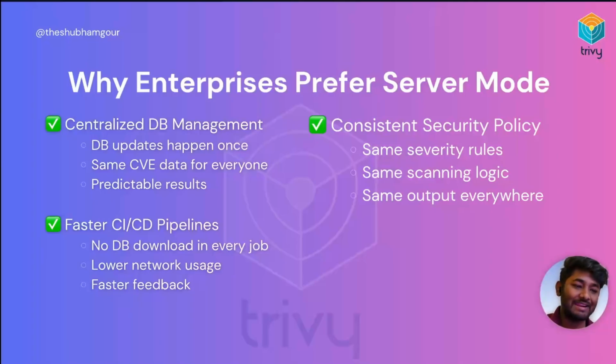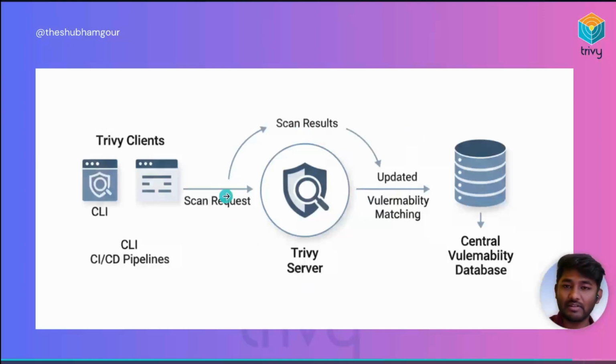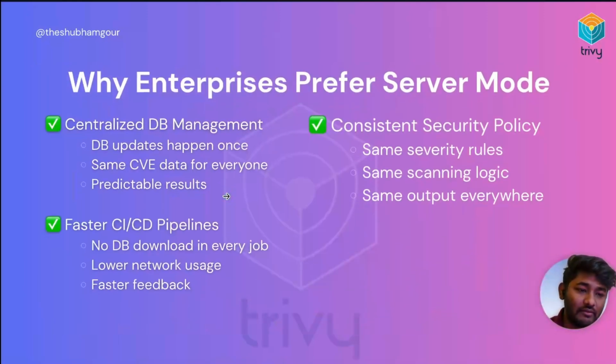So why do enterprises prefer server mode? The first and most important reason is centralized DB management. If you go through this diagram, we are heavily focusing on a centralized DB and a Trivy server. The DB update happens only once instead of multiple times.